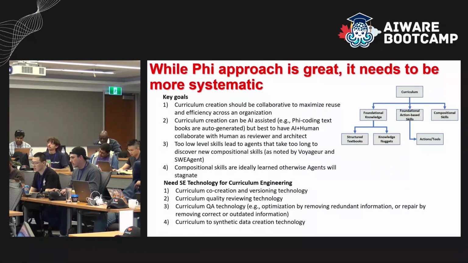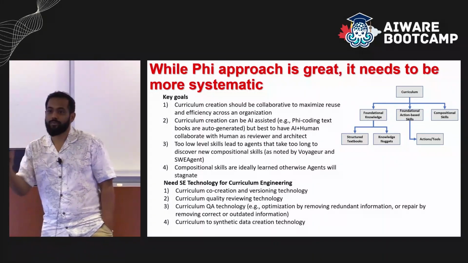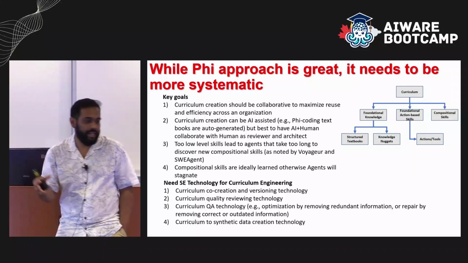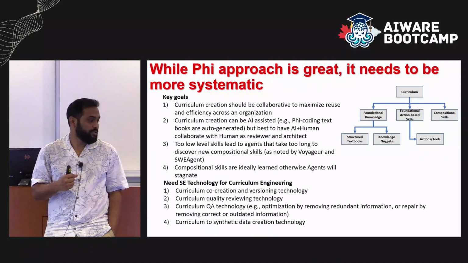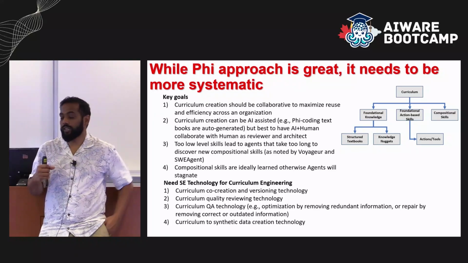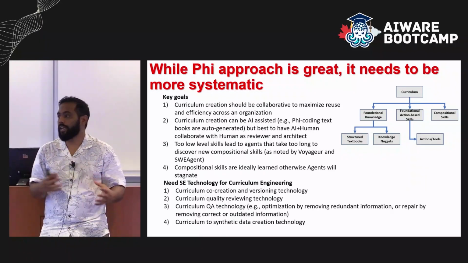While the Phi approach is great, and they are very rigorous, what we need to do is make this process of creating the curriculum a lot more rigorous, so that the curriculum can become an asset, and it can be collaboratively edited.